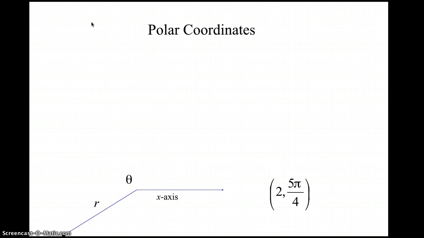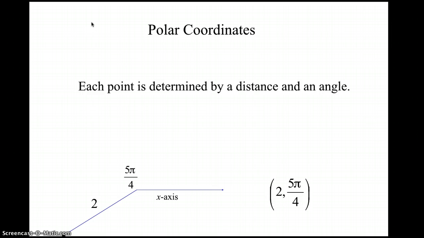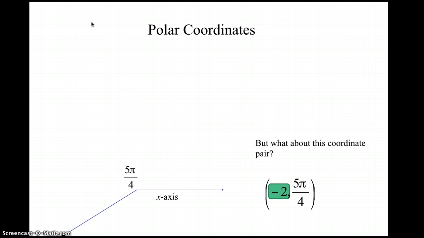So if we had the polar coordinate 2 comma 5 pi over 4, the distance from the origin would be 2, and the angle would be 5 pi over 4. But what about this coordinate pair? What happens when we have a negative radius? The first thing you do is you still go out 5 pi over 4, and then to make the radius negative, you reflect it over the origin.